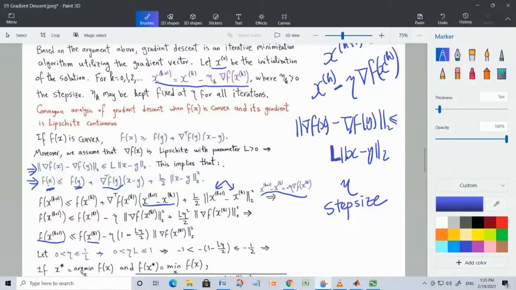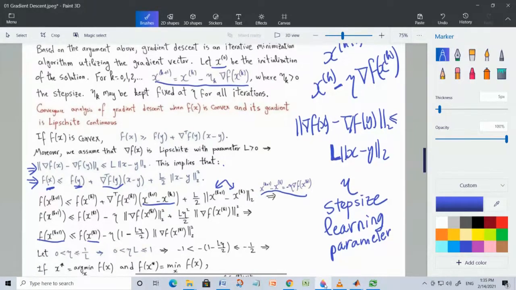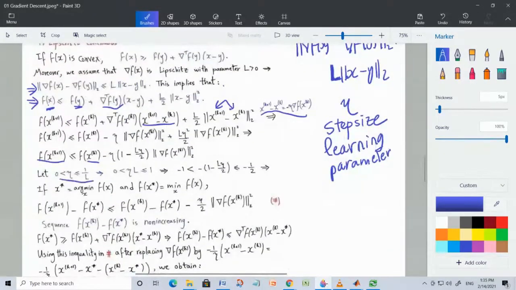In the context of adaptive filters and neural networks, some people call it the learning parameter. It appears with different names, but it is the step you take while carrying out gradient descent. We take eta to be upper bounded by 1 over L, and from that you can upper bound this term by eta over 2.